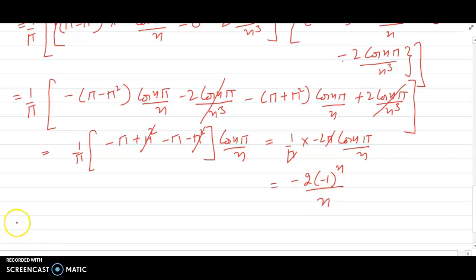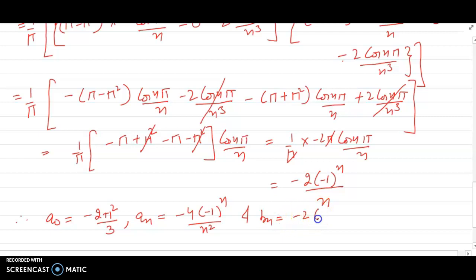Fine. So therefore what are the values? A naught, we have got its value as minus 2 pi square by 3. An is minus 4 minus 1 raised to power n by n square, and Bn is minus 2 into minus 1 raised to power n by n.